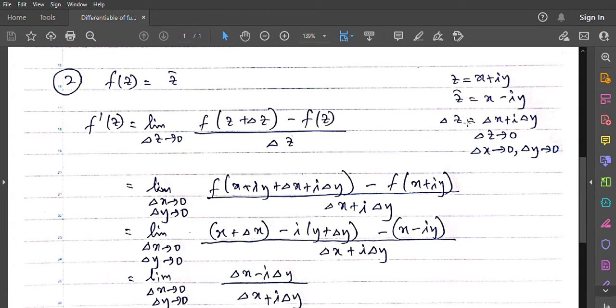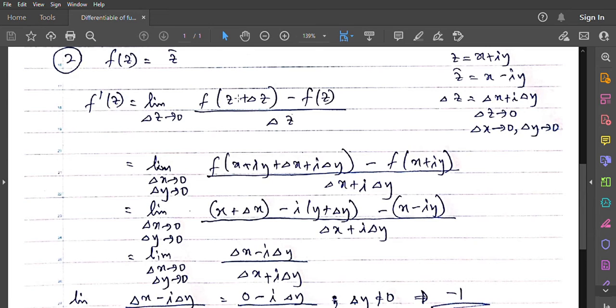So delta z equals delta x plus i delta y. So similar to continuity, we want to take these two limits. So delta z tends to 0, that means delta x tends to 0 and delta y tends to 0.